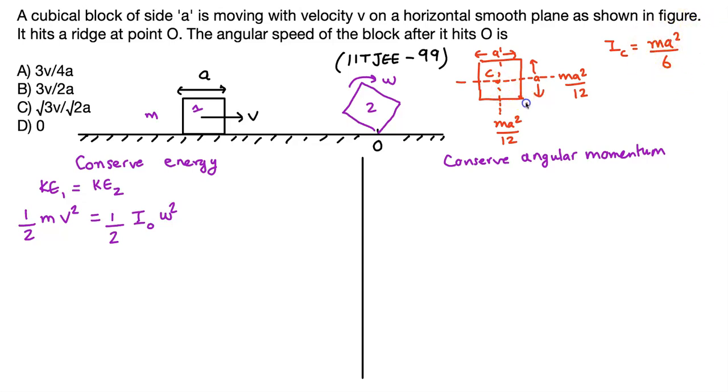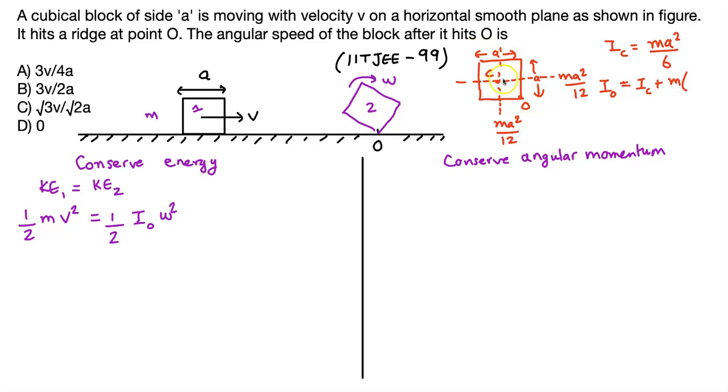But we want to find the moment of inertia about one of the corner points. So I_O will be I_C plus m times the distance between C and O. The length of the diagonal is going to be root 2 a.